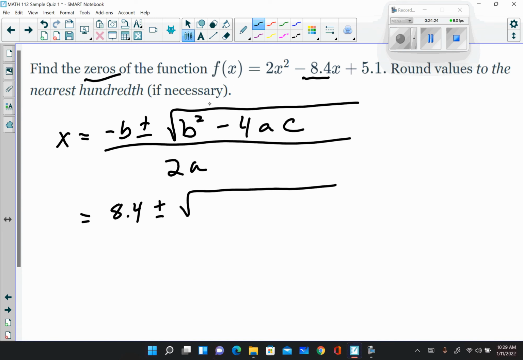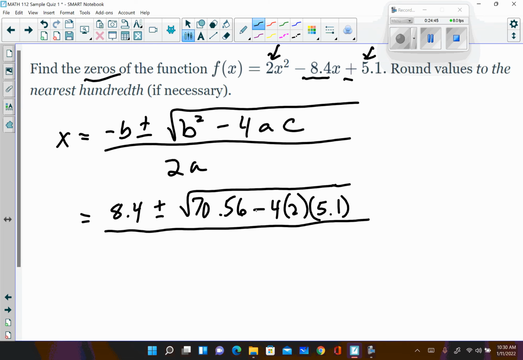Even though b is negative, when we square it, it will be positive. My calculator is telling me that 8.4 squared is 70.56, minus 4 times a, which is 2, times c, which is 5.1, and that's all over 2 times a.